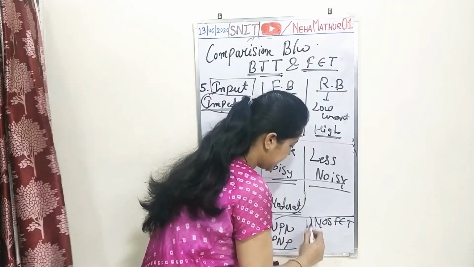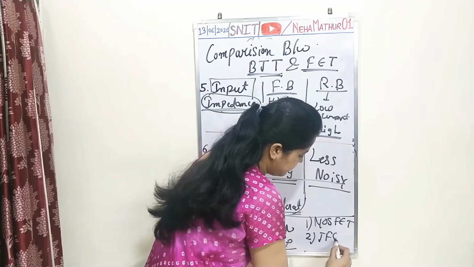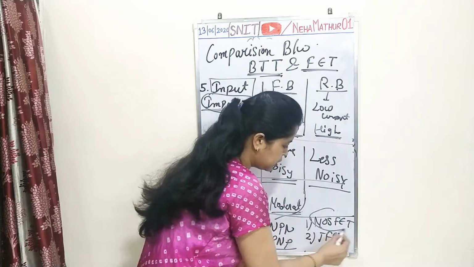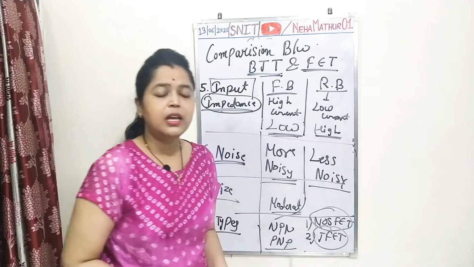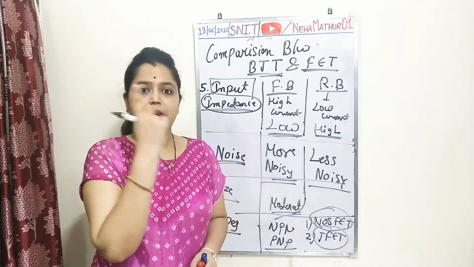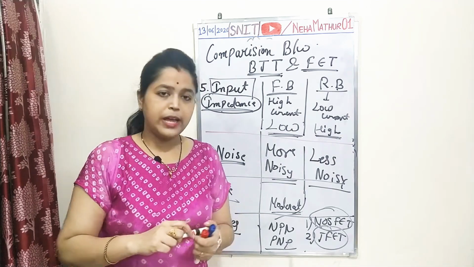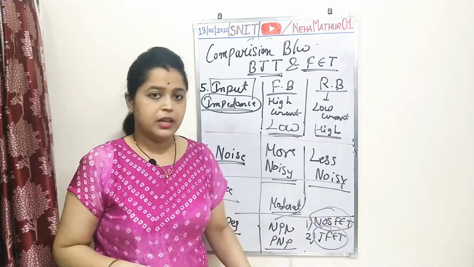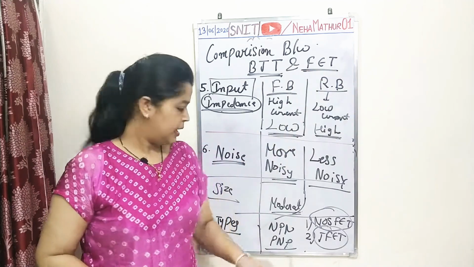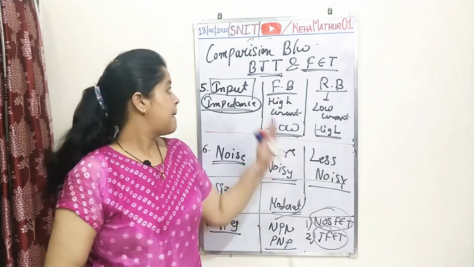Similarly, the second type is JFET. Again, both MOSFET and JFET have N channel and P channel types. So the two types with FET are MOSFET and JFET, while NPN and PNP with BJT.